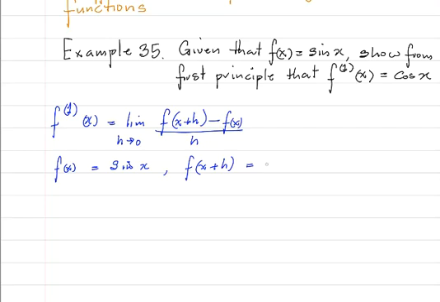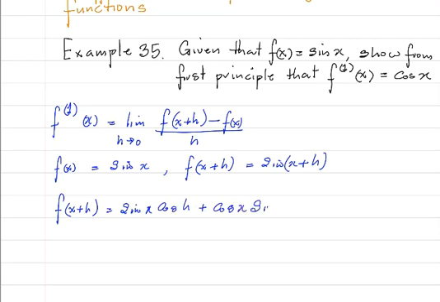So this would be equal to sine x plus h. So therefore, f of x plus h would be equal to sine x cosine h plus cosine x sine h.